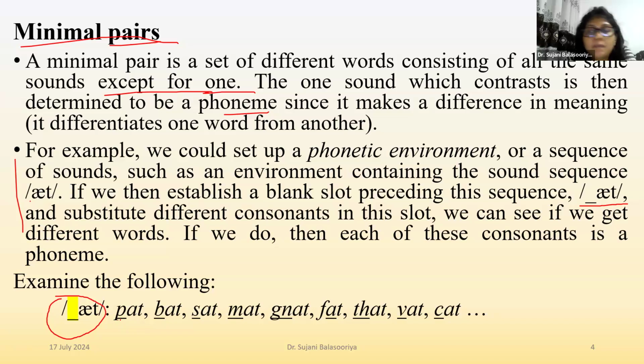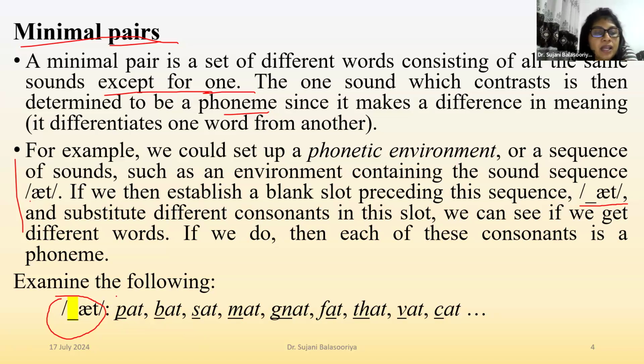Okay, we can put p. If you want, you can put p, or you can put b, s, m, th, g actually, right? It's pronounced like that. And f, the, w, k, like that.